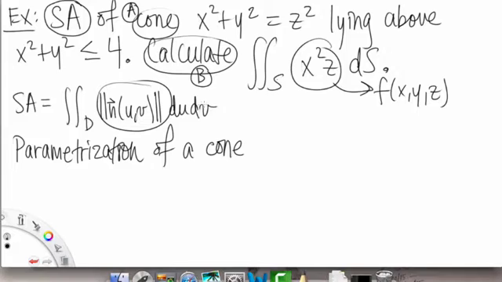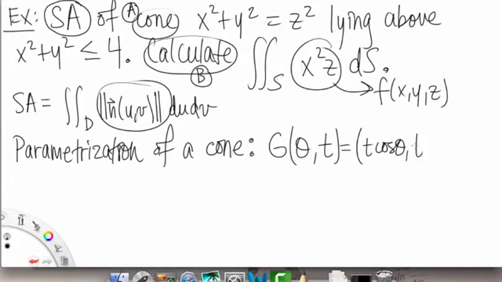But instead of a constant r, we have some g of theta and t. So not a z anymore, but a t. This is going to be t cosine theta, t sine theta, and t itself. This is the standard parameterization of a cone.